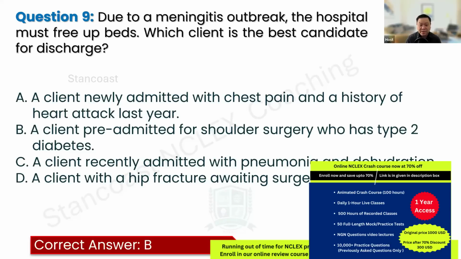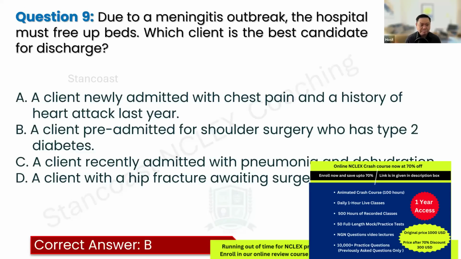And letter D is also incorrect because a client with a hip fracture is at risk of further injury without hospitalization and surgery. Now, in this test question, I need you to identify the client with the most stable condition who would require minimal or no immediate medical intervention if discharged.